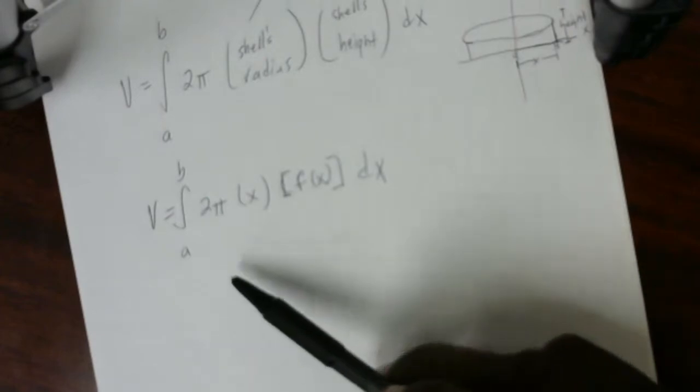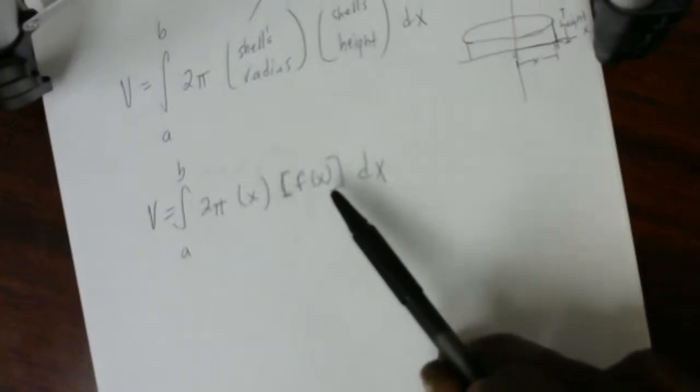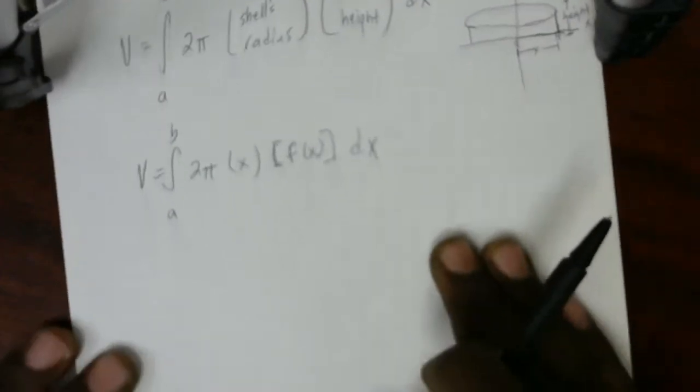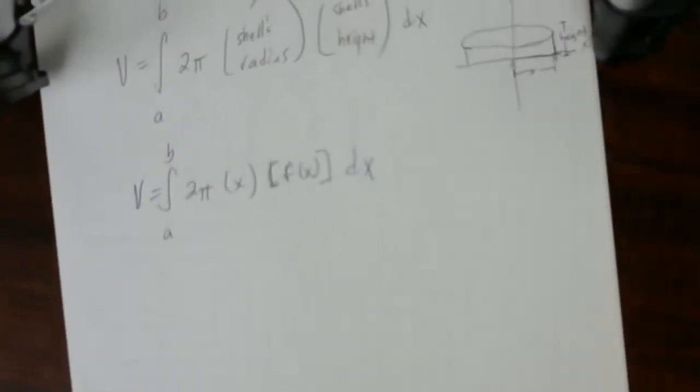So you need to know your limits and you need to know the function. All right, so let's take a look at our problem. I'm going to switch screens here for a second.